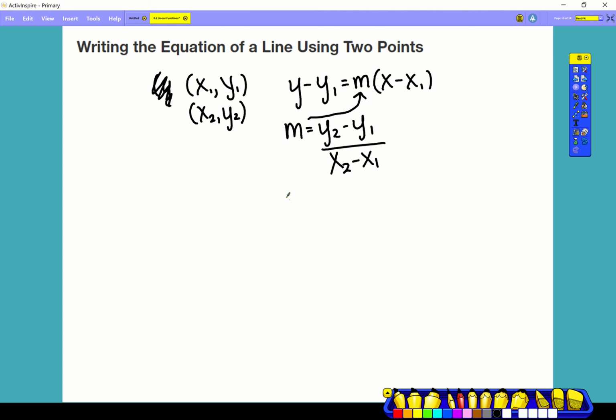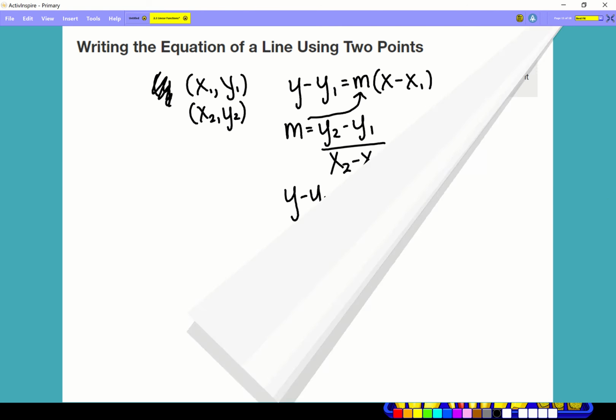So now we just put that in here. m equals y2 minus y1 divided by x2 minus x1. And that is the 2-point form. It's not common. When you get rid of this, you simplify it, it's the point-slope form, which you can then also simplify into the slope-intercept form. This is more or less just a formula way of thinking about it.